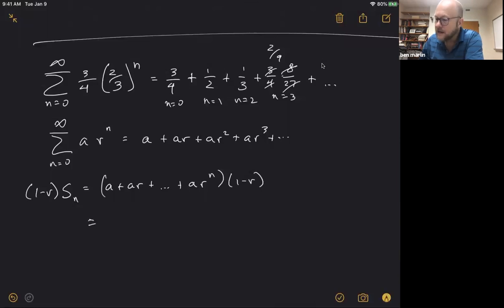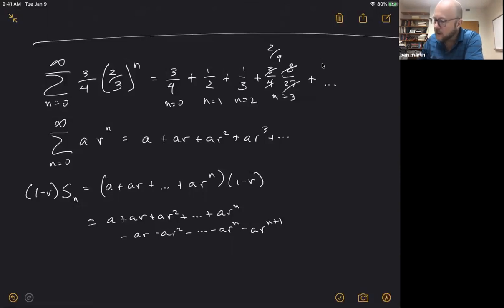But on the right-hand side, you have A plus AR plus AR squared plus ... plus AR to the n, and multiply that whole thing by R, and you have AR and minus AR squared and minus AR to the n, and one more term of AR to the n plus 1.